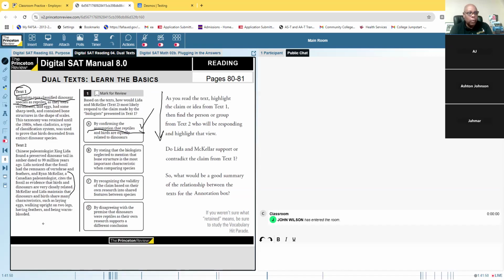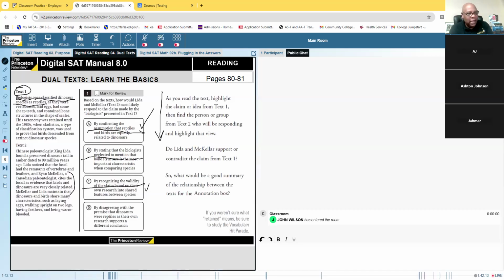The minute you see that, I'm showing y'all how not to read too much. You don't have a lot of time. Read C, AJ. We don't need to. Recognizing the validity of the claim, I mean, that's wrong. Y'all don't see that's wrong.